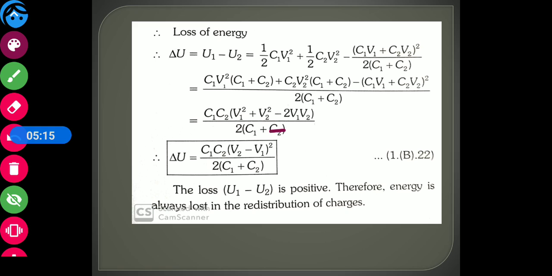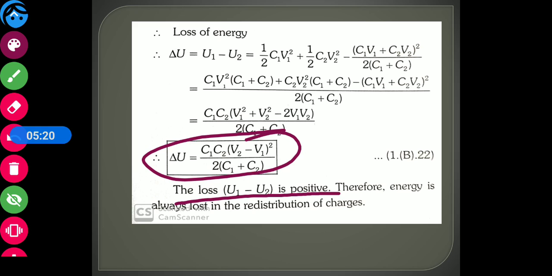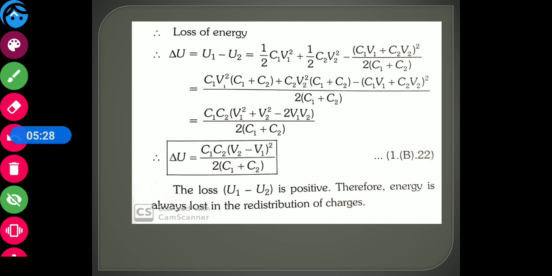As a result, the whole expression will be positive. So we can say that U1 minus U2 is positive. Therefore, energy is always lost in the redistribution of charges. And in what form is it lost? In the form of heat.